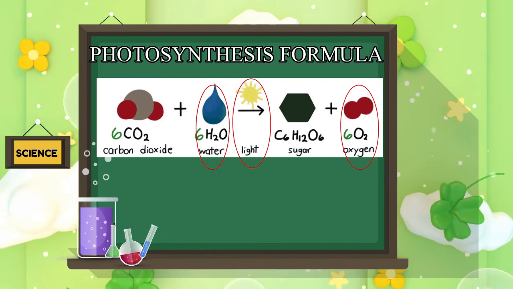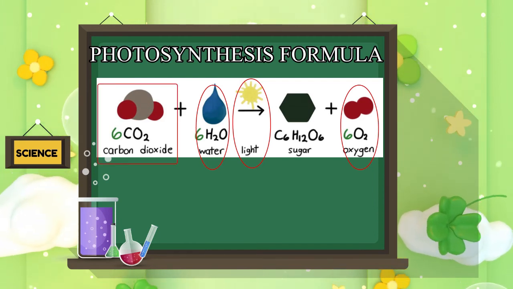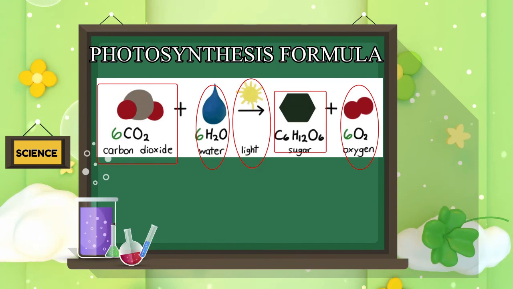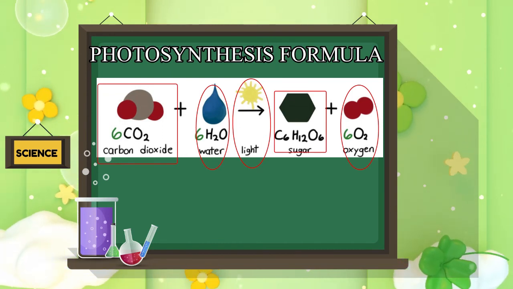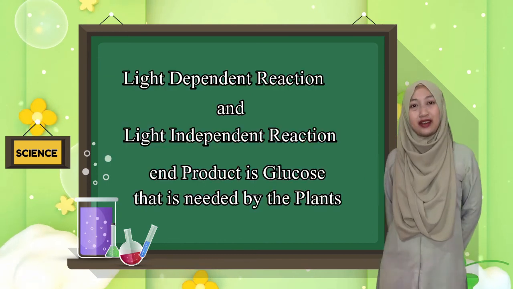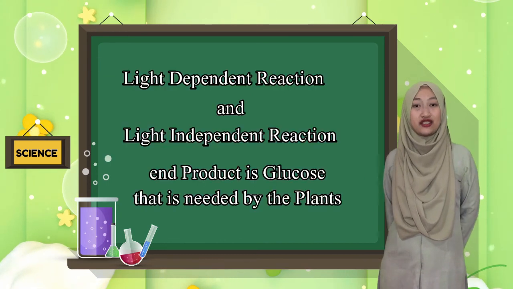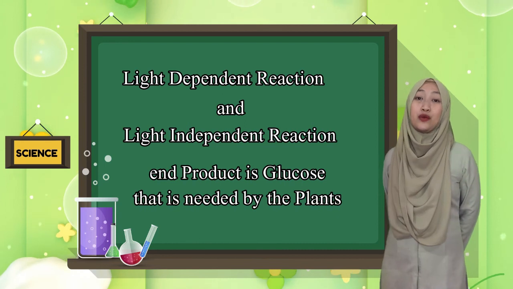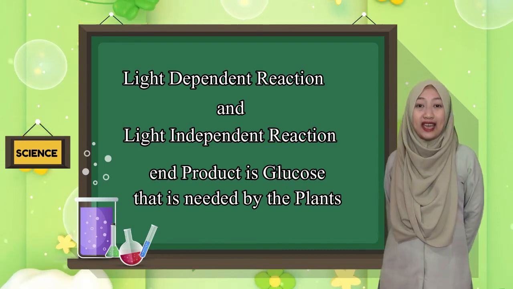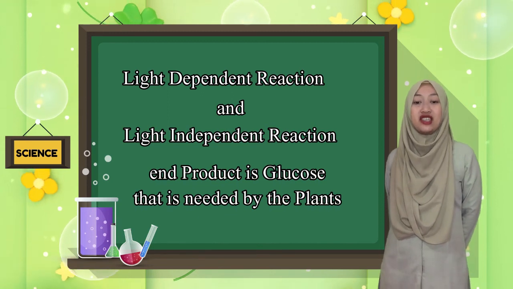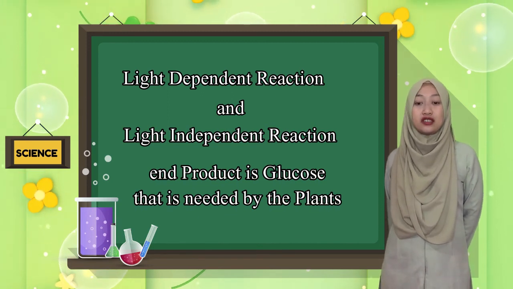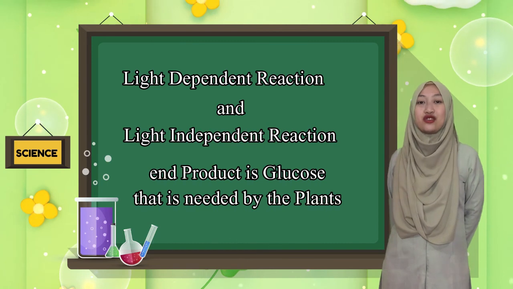And now we have the other two, the carbon dioxide and the glucose or sugar from the light-independent reaction, or what we call the Calvin cycle. So together, the light-dependent reaction and the Calvin cycle, which happen simultaneously, create the glucose that plants need to survive.